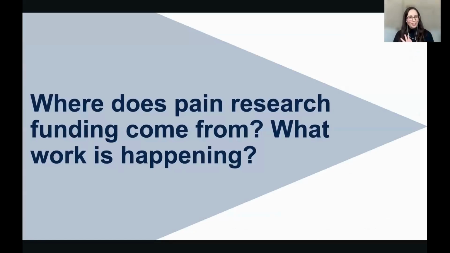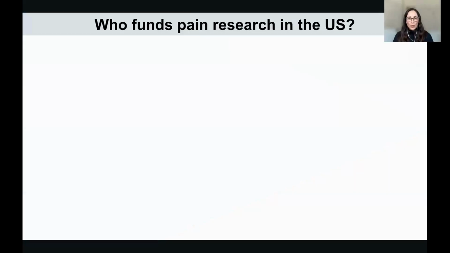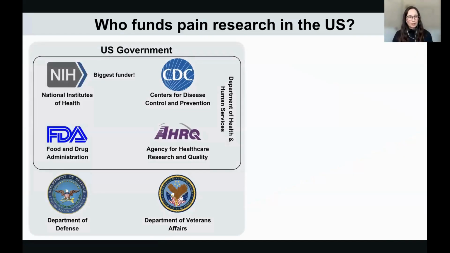So you can imagine that there needs to be a lot of money that goes into pain research in order for us to have actual treatments and advances, and better knowledge about what is causing pain to come from this research. So in the US, we have a few main buckets of pain research funding. The first is the US government.